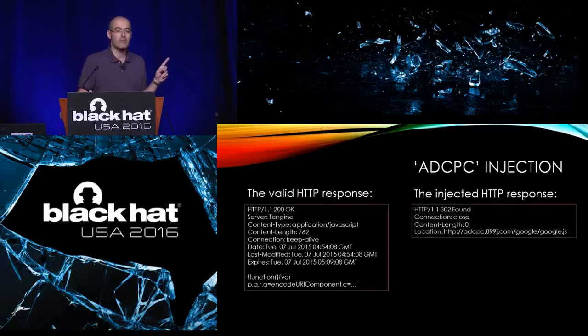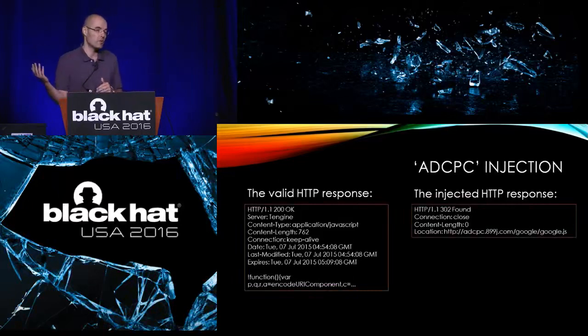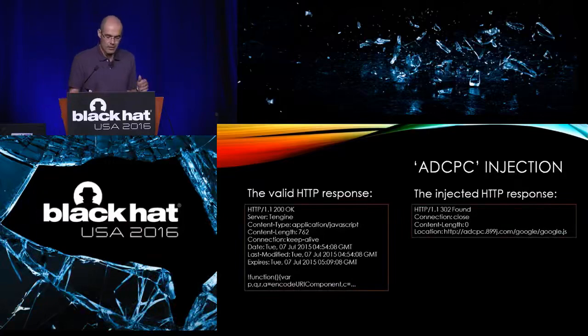The left one is the valid response from the actual website, from cnzz.com. Here you can see there is just JavaScript code. And the right one is the injected response, injected somewhere between the server and the client. And this is simply a 302 redirection to another JavaScript code named google.js. It's located at the domain 899j.com.